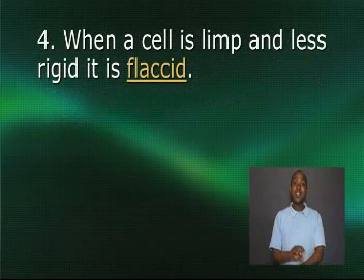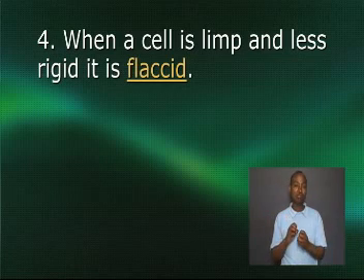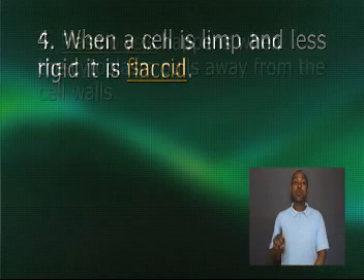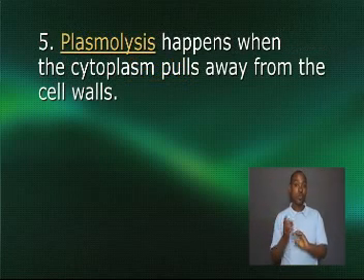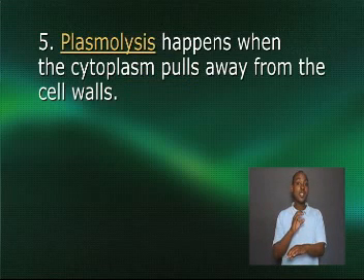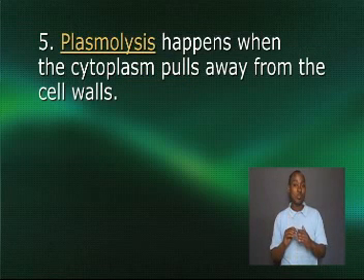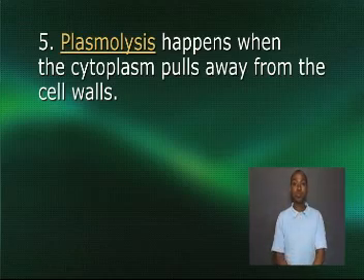When a cell is flaccid, it is limp and less rigid. Plasmolysis happens when the cytoplasm pulls away from the cell walls. How did you do? If you were able to answer every one correctly, great work.